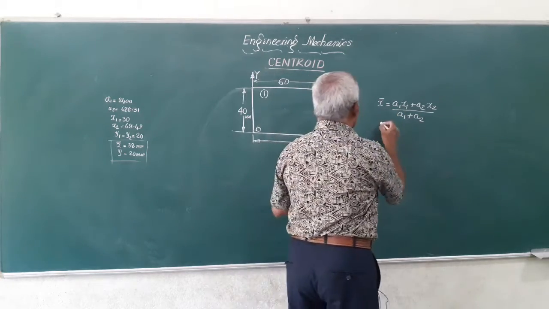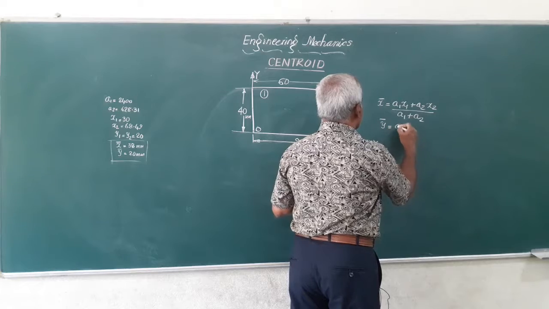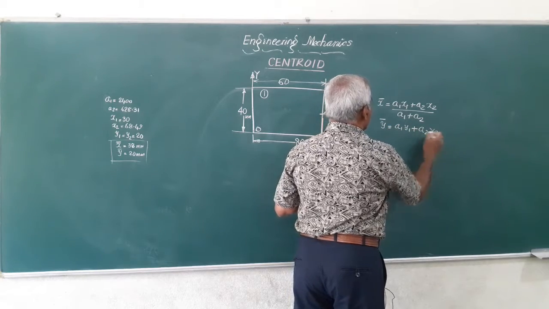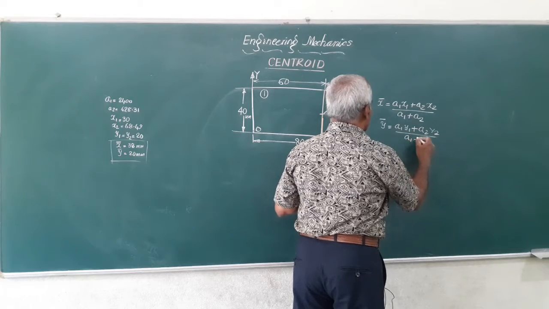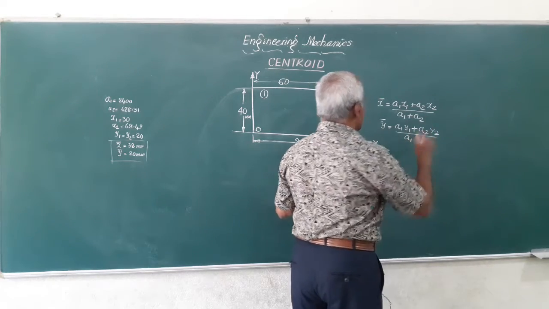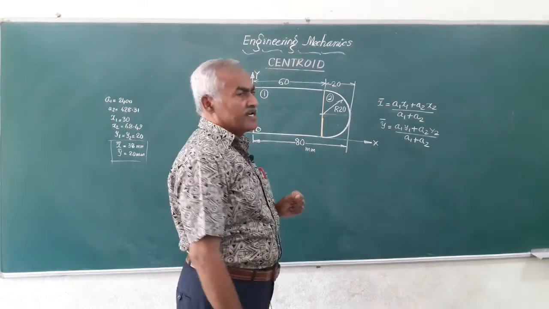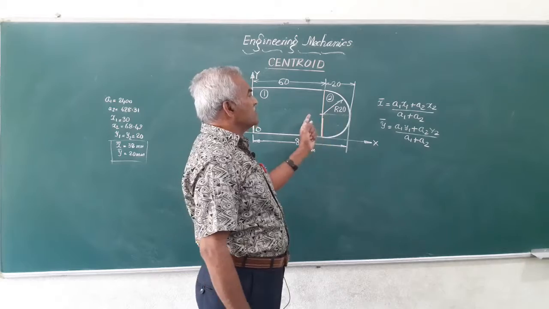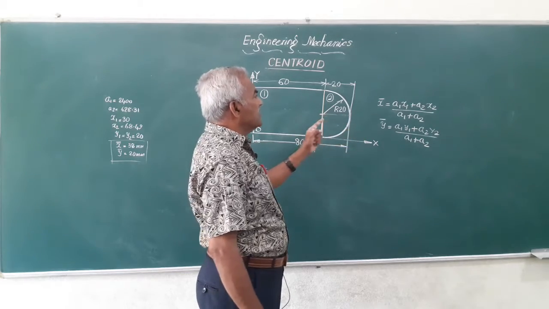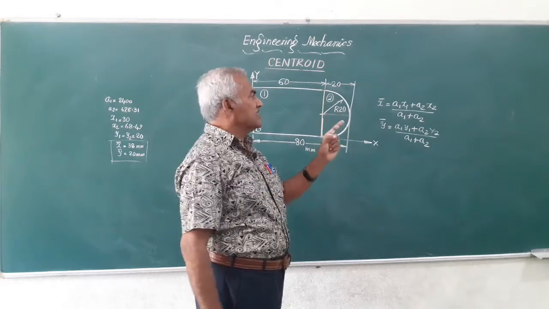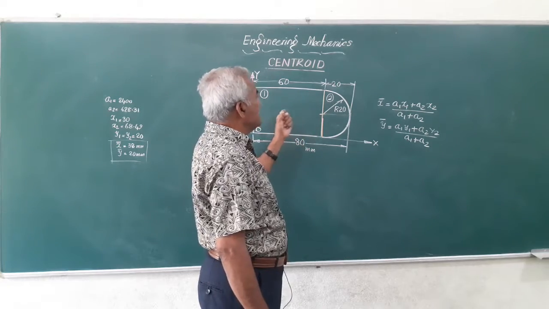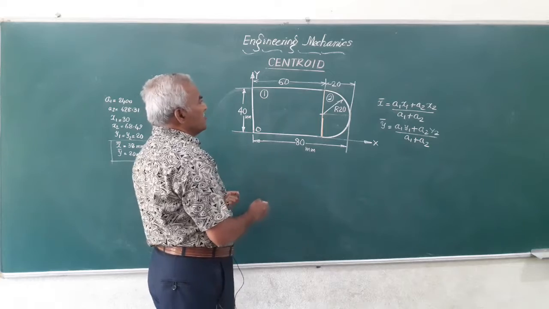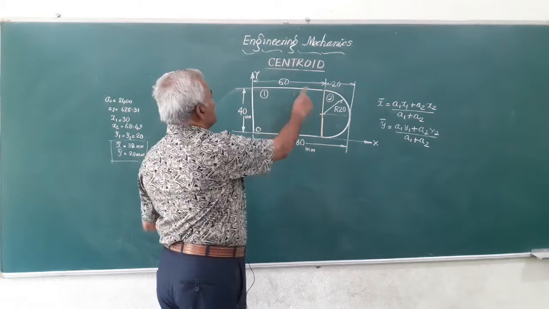Similarly for y bar, you have a1y1 plus a2y2 divided by a1 plus a2. In general, to calculate the centroid of any figure, you should know the areas of the individual figures and the distances of their centroids from the x and y axes. Let us start with figure number 1, which is a rectangle.